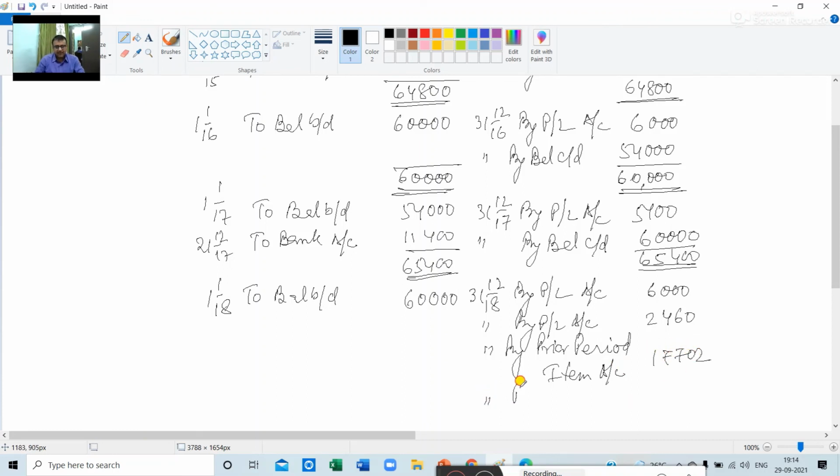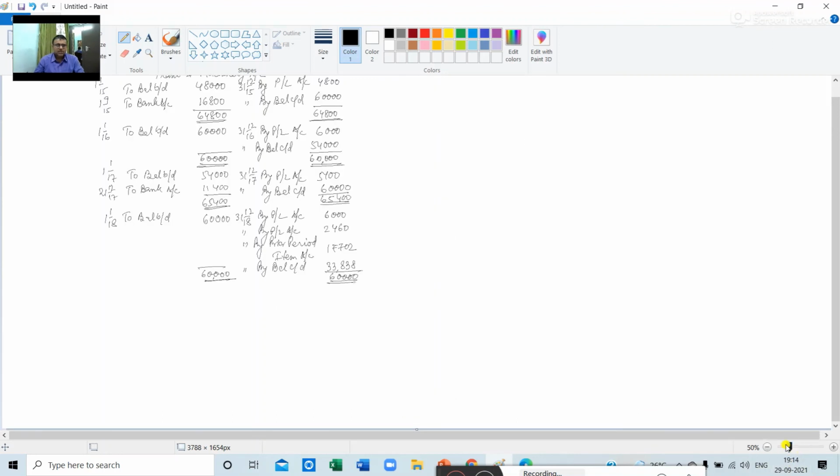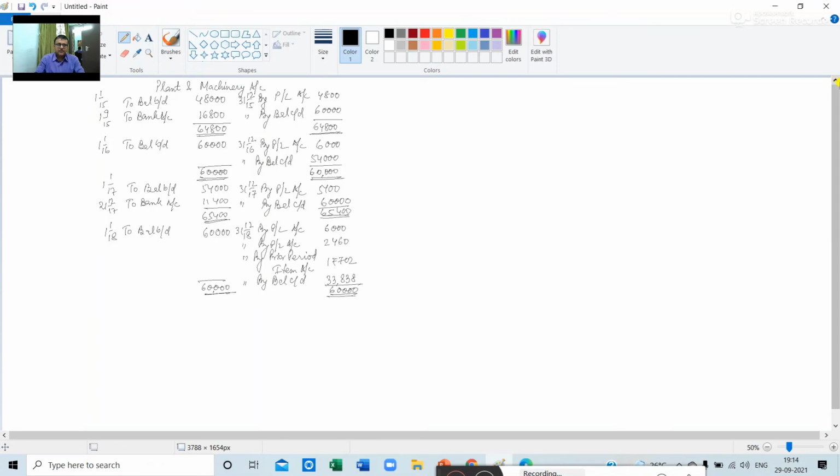This is the balancing figure, and this is the written down balance as on 31st December 2018, that is 33,838. So this is the entire plant and machinery account ledger that I will show you in one screen. So this is the plant and machinery account in one screen.